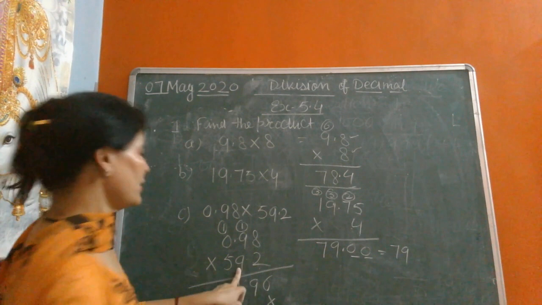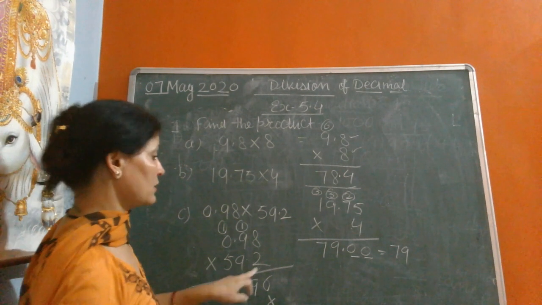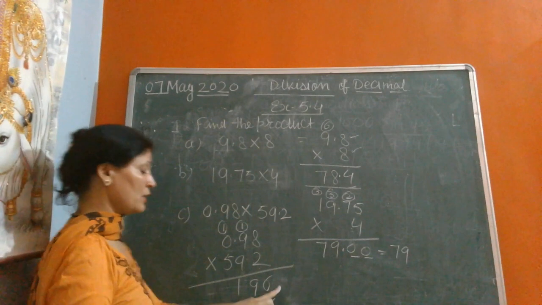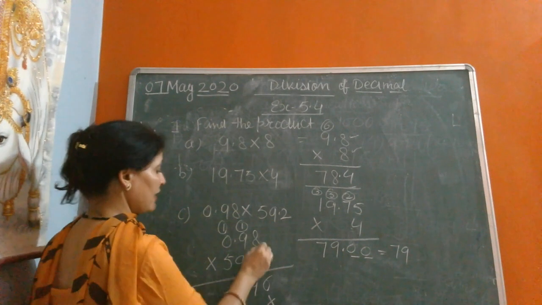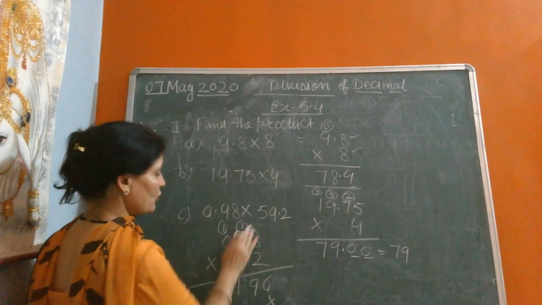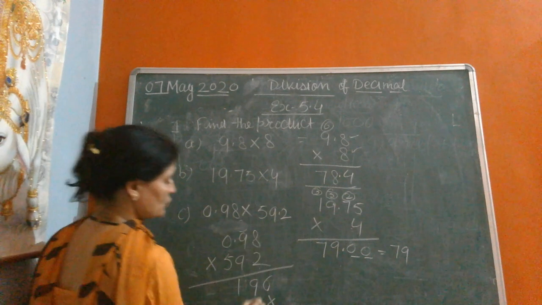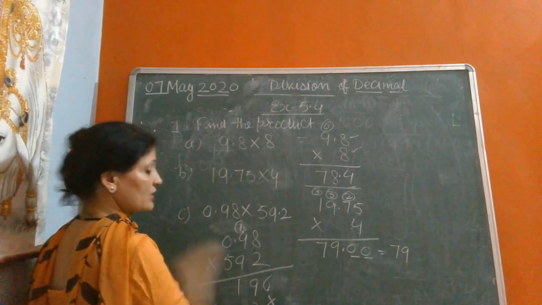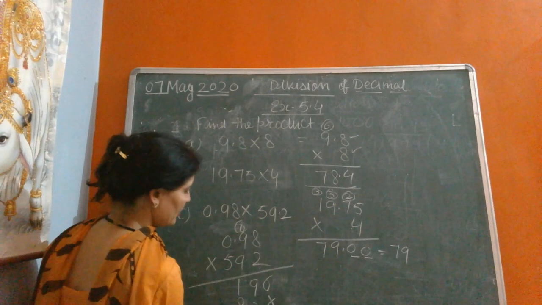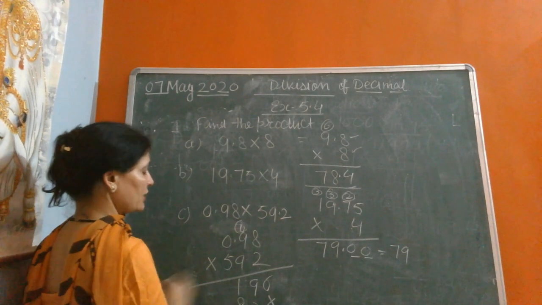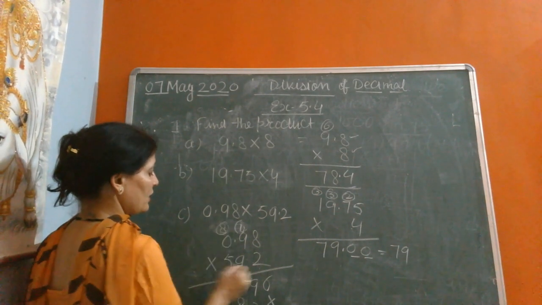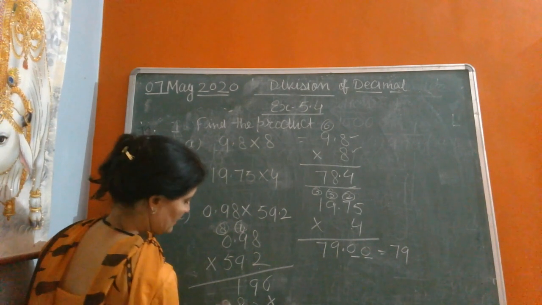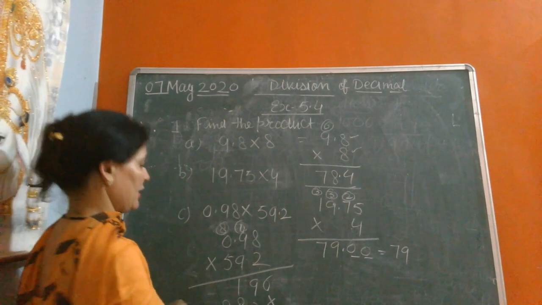When we start multiplication with the second digit, we will put a cross below the ones. 9 8s are 72. 72, write 2, carry over 7. 9 9s are 81 plus 7 is 88. 88, write 8, carry over 8. 9 zeros are 0 plus 8 is 8.